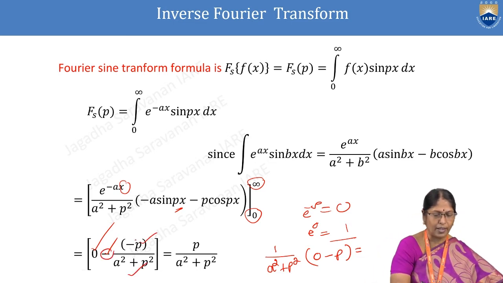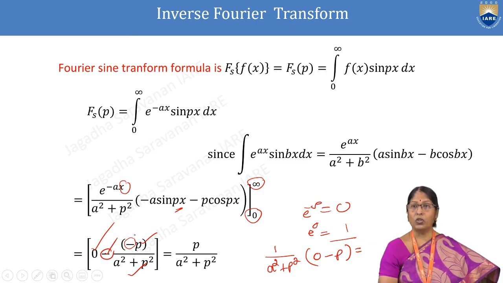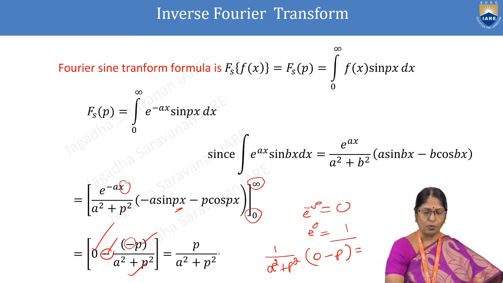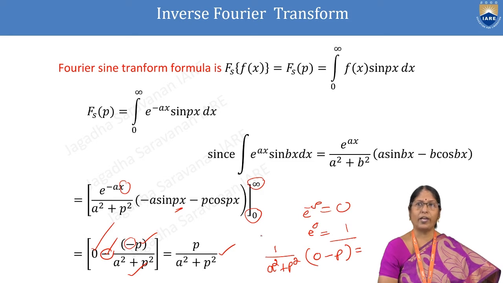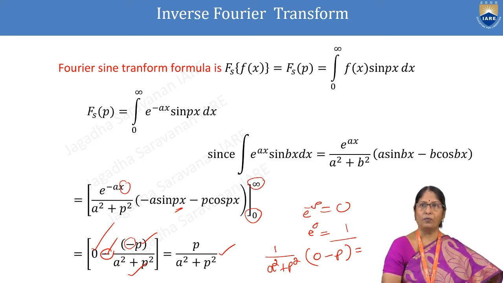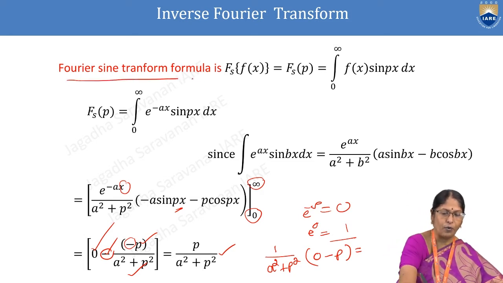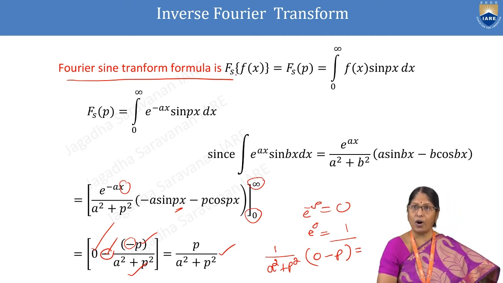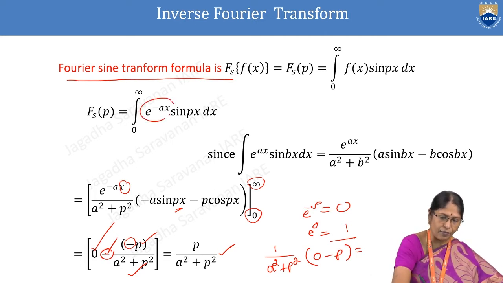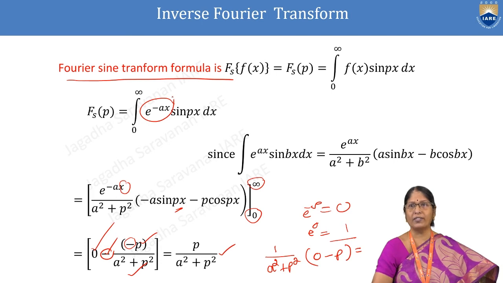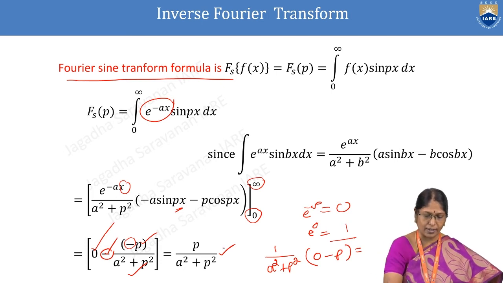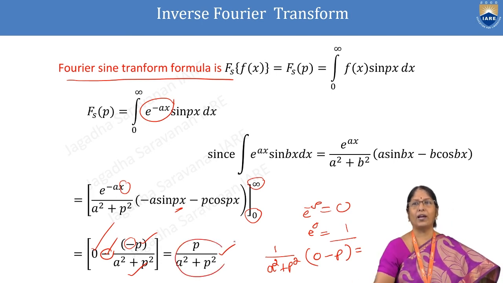This minus, both becoming positive, so p by a square plus p square we got. Applying the Fourier sine transform formula for our given function e power minus ax, the result is p by a square plus p square.